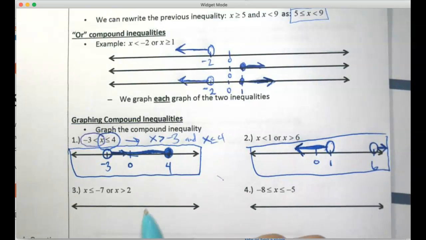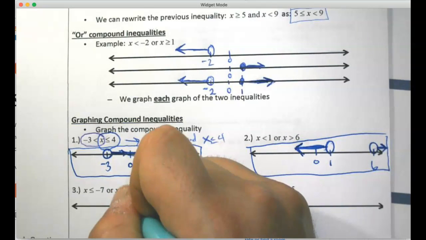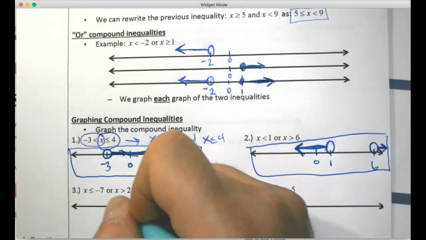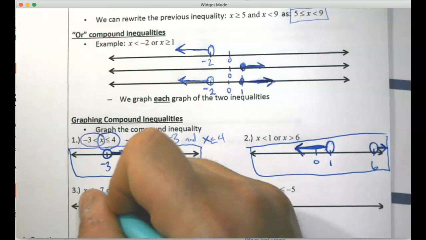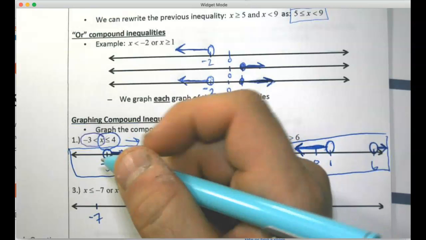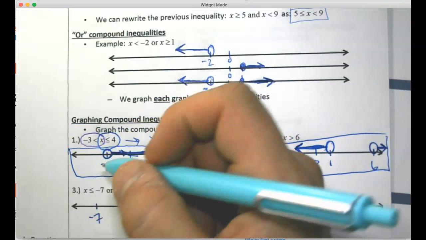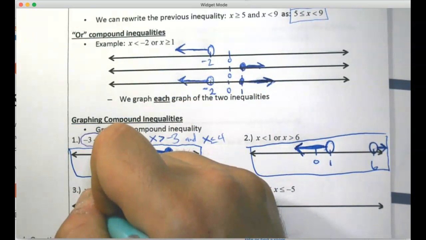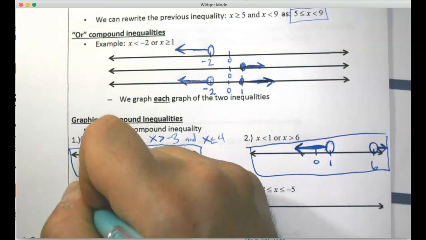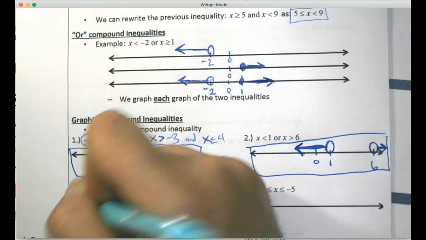And now I'm going to move along to this one, guys. I always like to put 0 in here. My first part of the compound inequality is x is less than or equal to -7. So put -7 on the left of 0. Remember, less than or equal should be a shaded circle, and the numbers that are less than are on the left, so that means shade or point to the left.